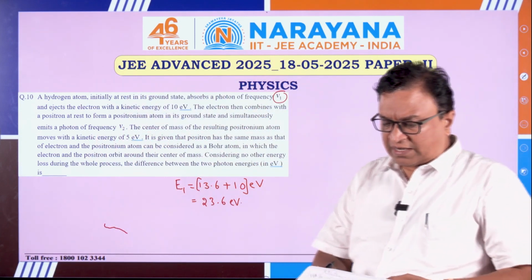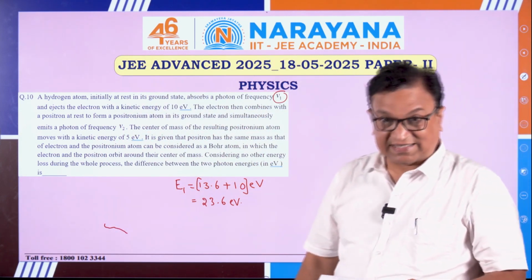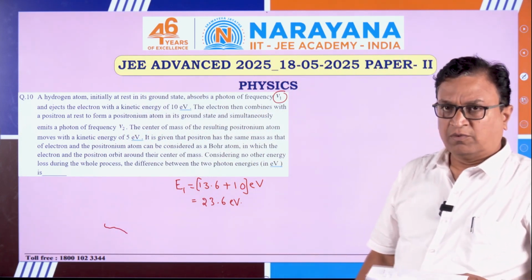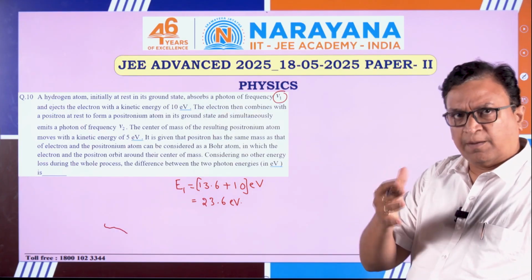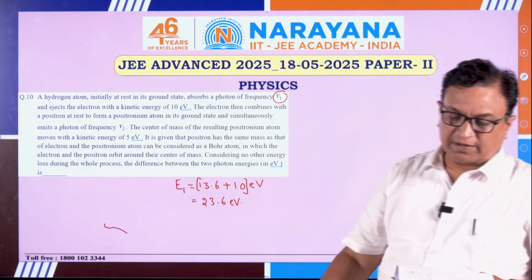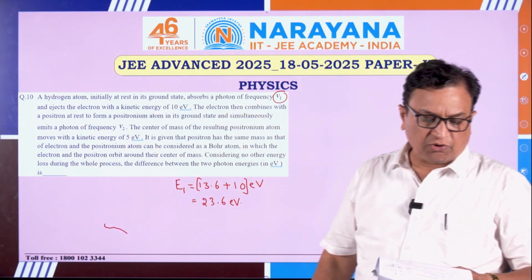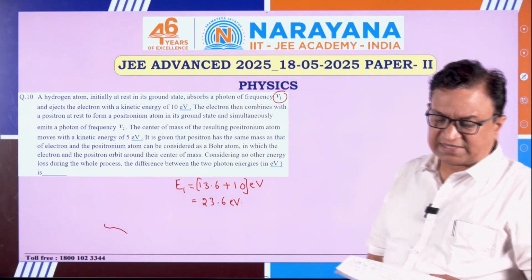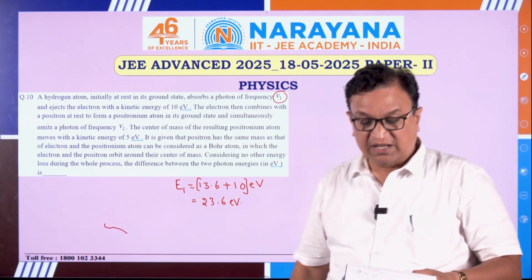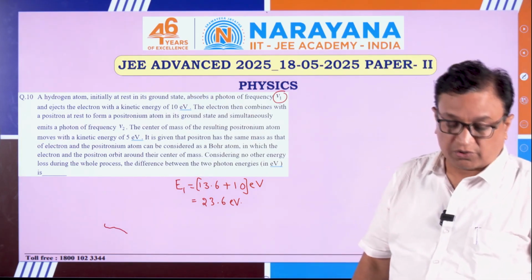The electron then combines with a positron at rest. You know, both are of same mass, charge-wise opposite polarity, to form a positronium atom in its ground state and simultaneously emits a photon of frequency nu2.